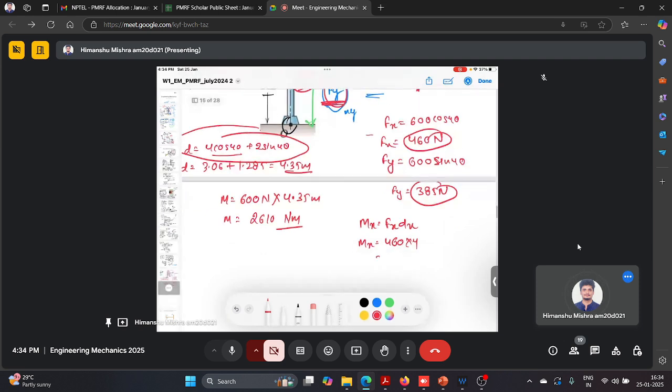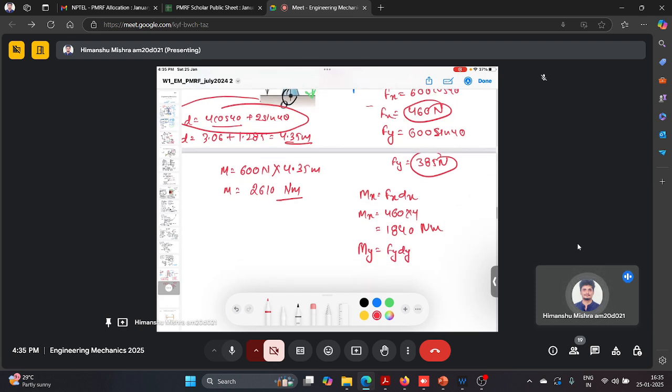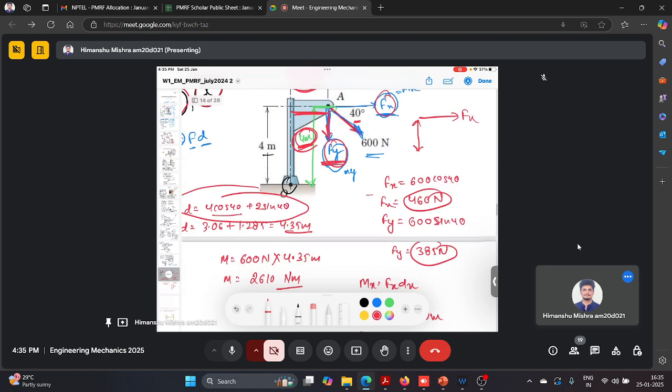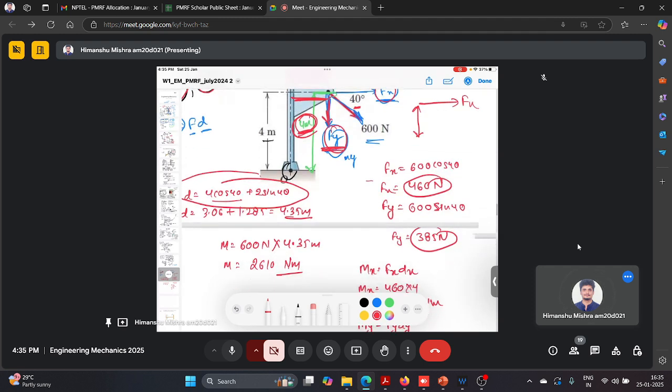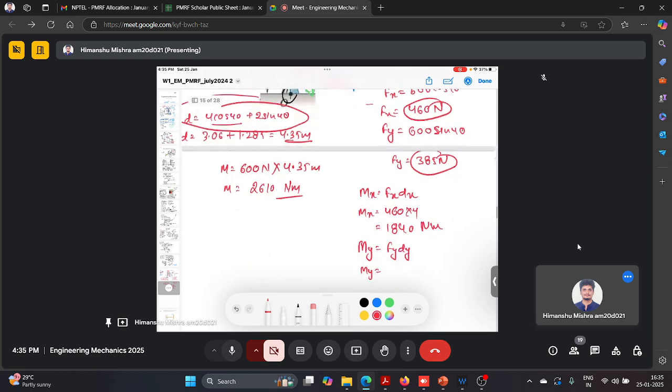So it will be 1840 Newton meter, and your My will be Fy multiplied by the perpendicular distance, which is dy. So your Fy is 385 multiplied by 2, which is 770.